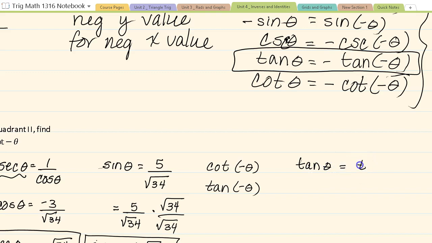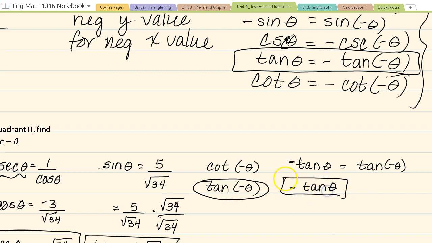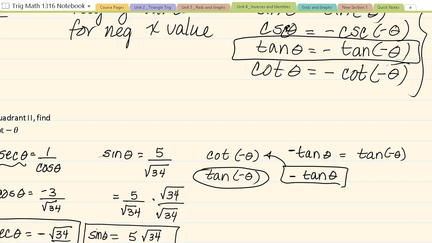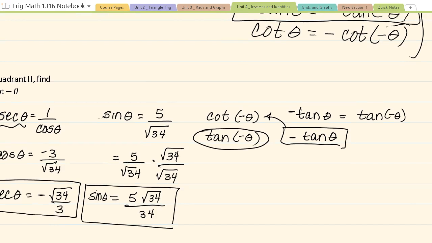So it has to have a negative somewhere. So I'm going to put it over here. Because of this, I'm going to change this to negative tangent of theta. So I have to go find this, and then I'm going to go find the reciprocal of that. So I can find cotangent of negative theta.